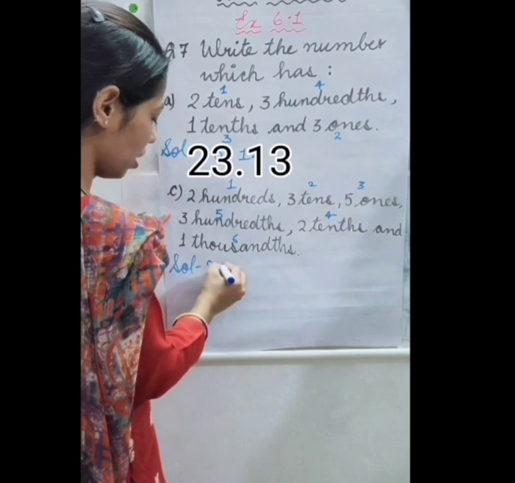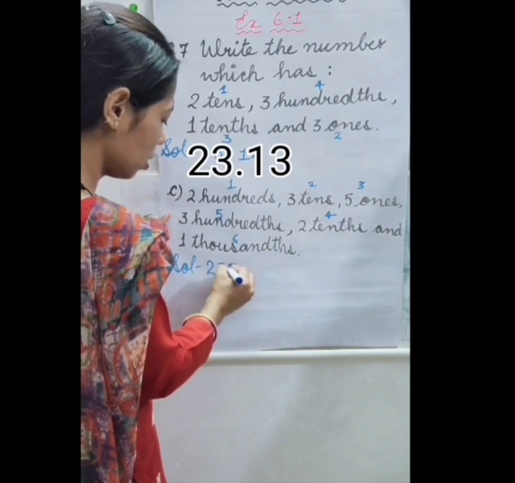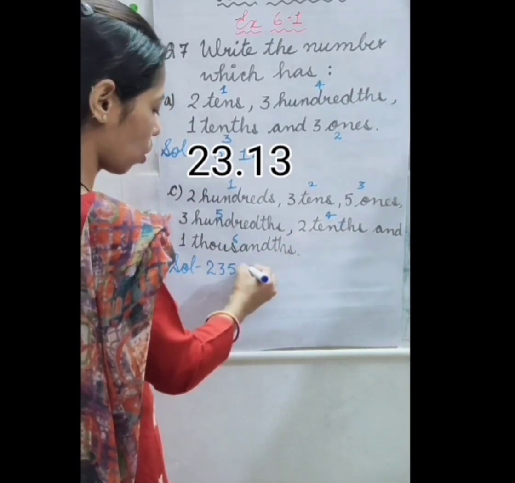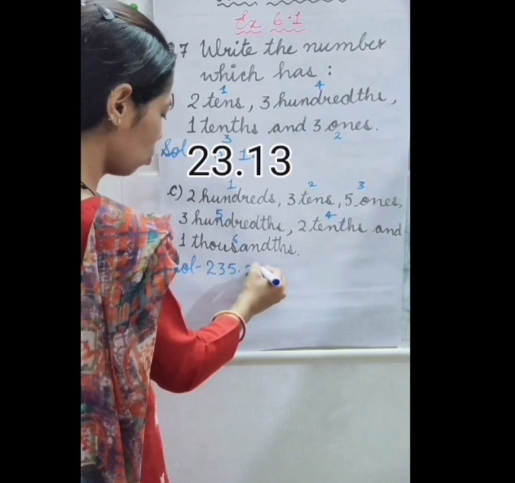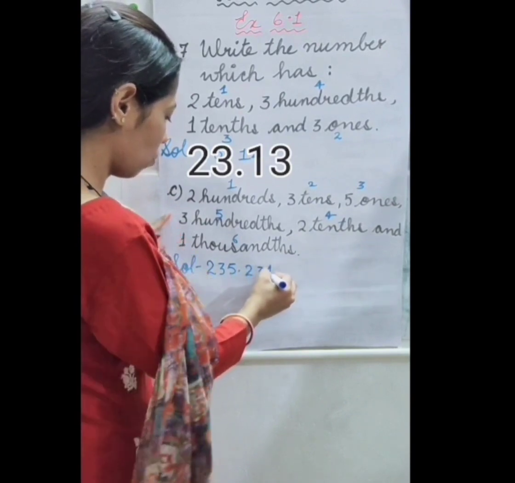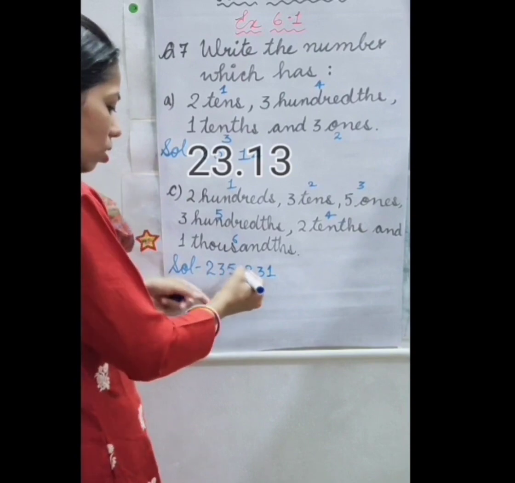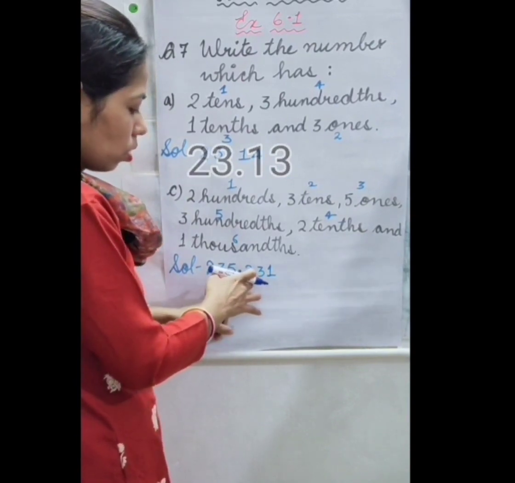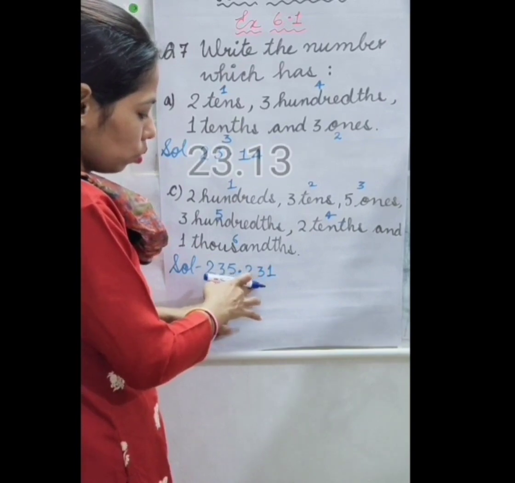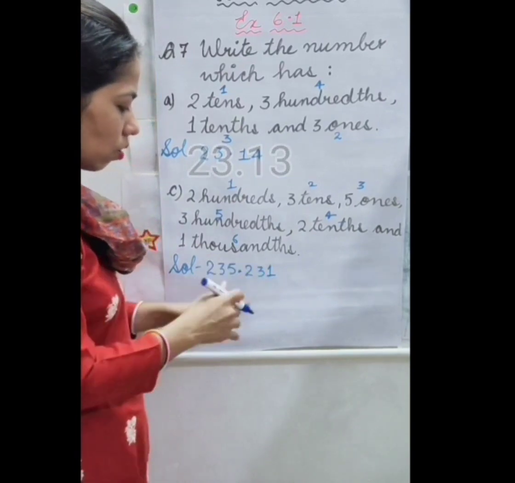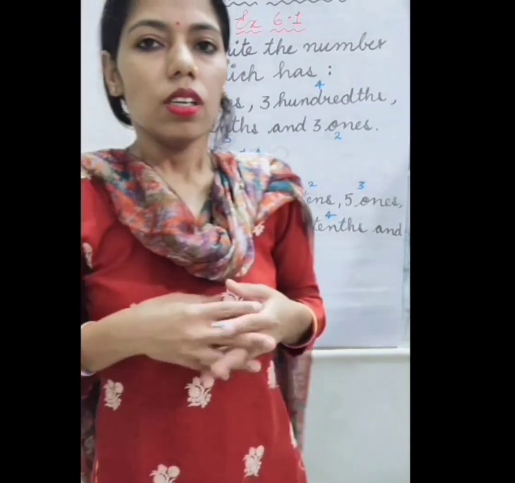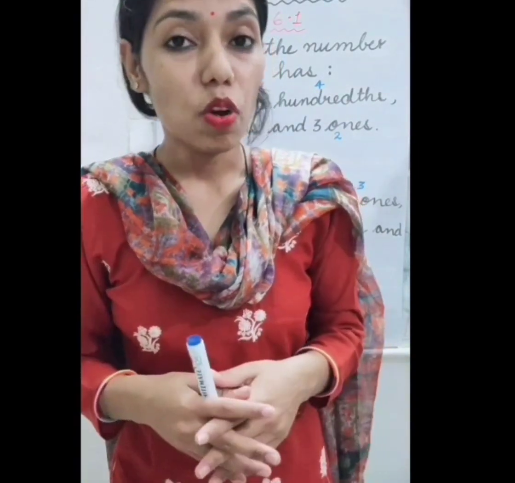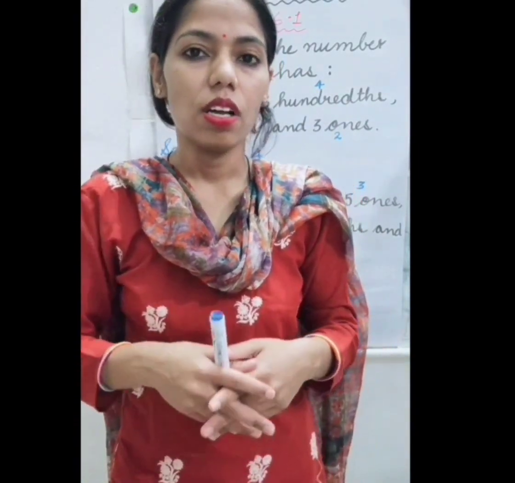It will be 235.231. So here our exercise 6.1 finishes.